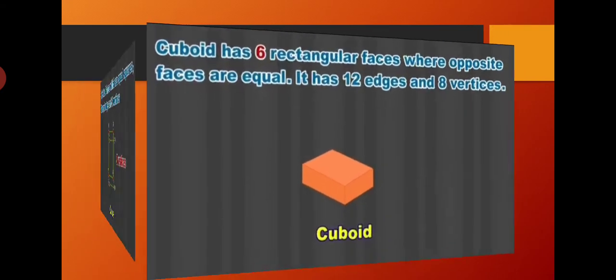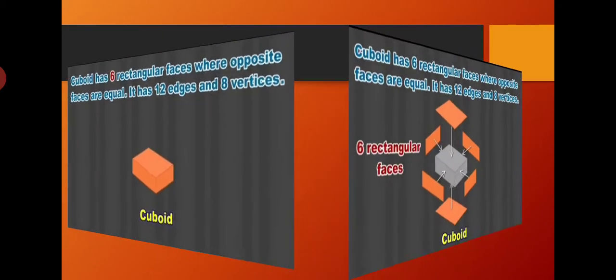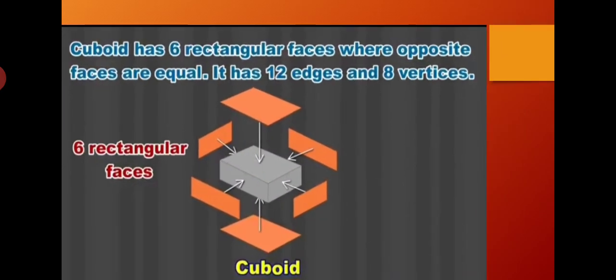Next we will see the cuboid. A cuboid has 6 rectangular faces where opposite faces are equal, 12 edges and 8 vertices. In the cube there are 6 equal square faces. In the cuboid there are 6 rectangular faces. Now you can check here 6 rectangular faces and opposite faces are equal.